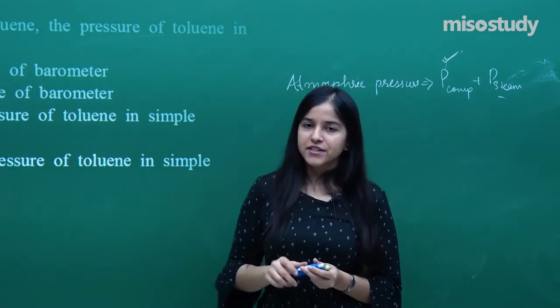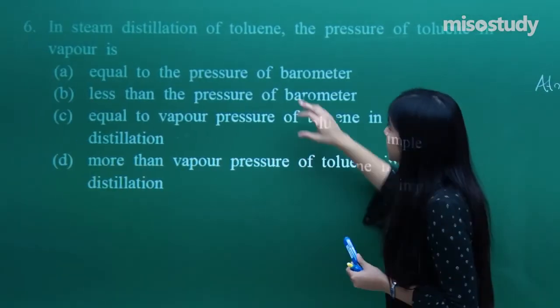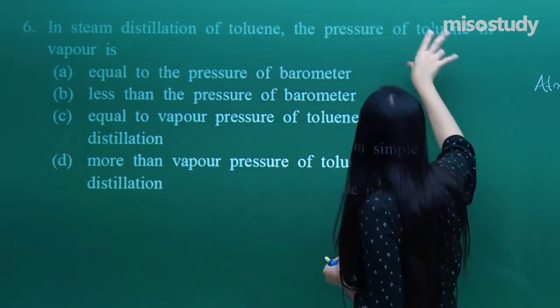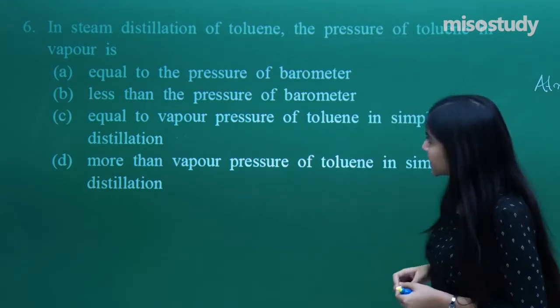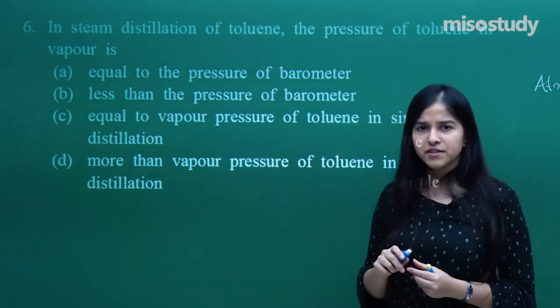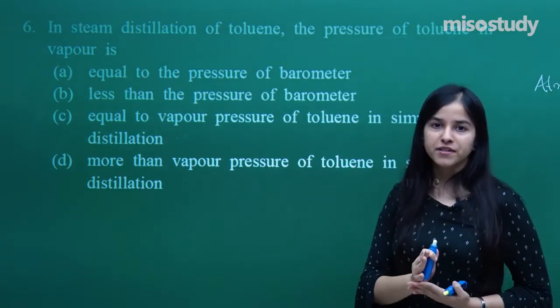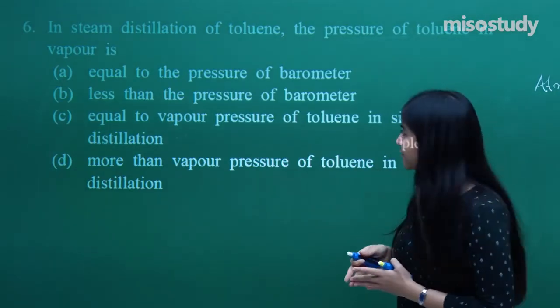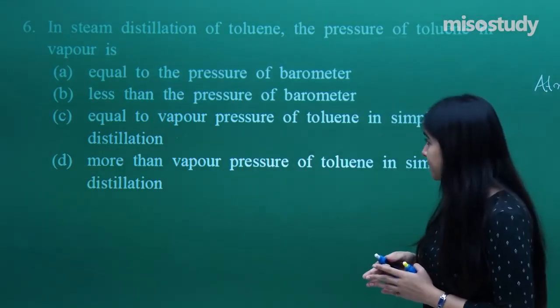So that is the basic criteria for steam distillation. So as per the options, in steam distillation of toluene, they are asking about the pressure of toluene in vapor is equal to the pressure of the barometer, is it? No, because here the pressure gets reduced a little bit due to the presence of that steam. Less than the pressure of the barometer, yes, it could be the option.